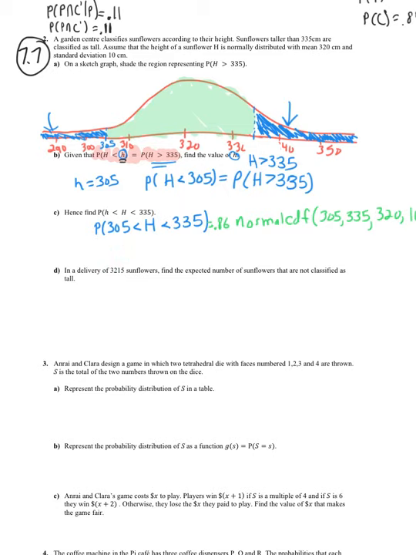And then part D, the last one: in a delivery of 3,215 sunflowers, find the expected number of sunflowers that are not classified as tall. So when we get to that 335, we're going to find the probability that it falls below 335, because that's not classified as tall.